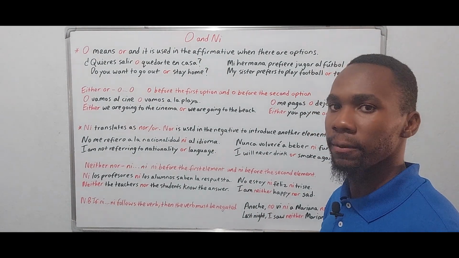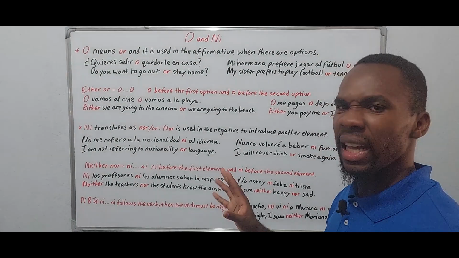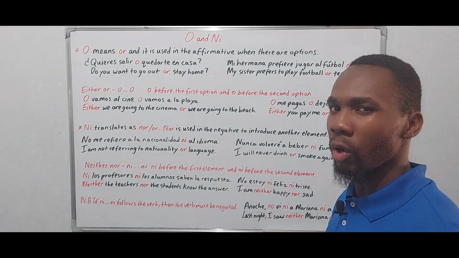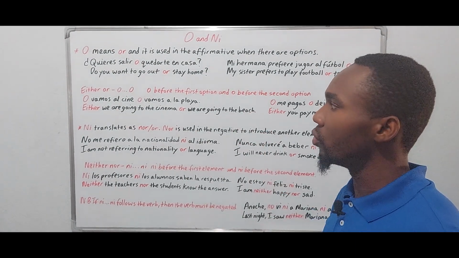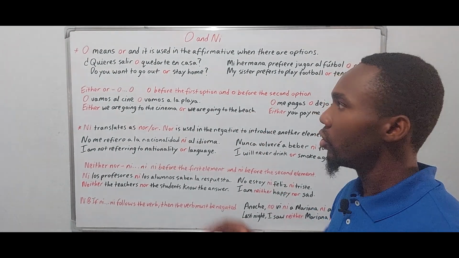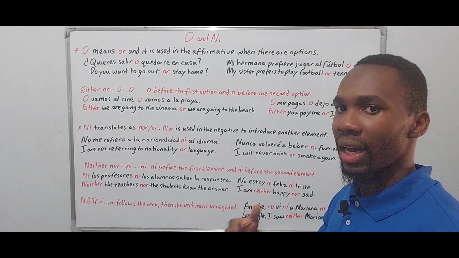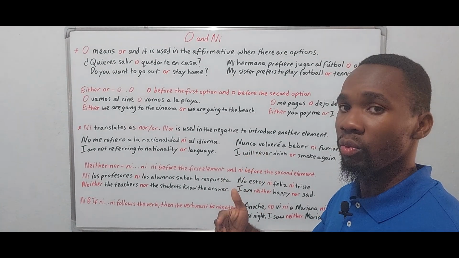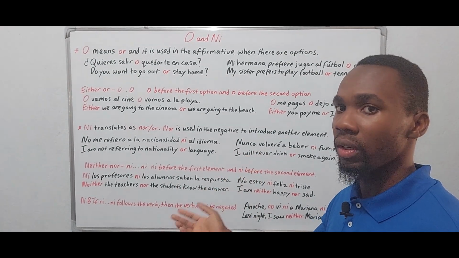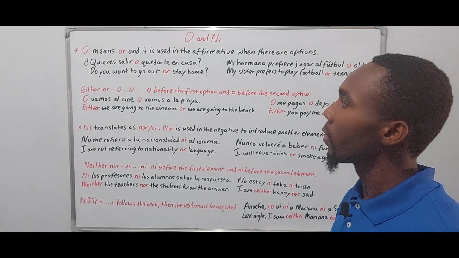So this structure is not very complicated, right? I think the negative counterpart might be a little trickier, but this isn't too complicated, right? So when we use one O, we use that to introduce an alternative, and it is used with the last option in the list of alternatives, right?